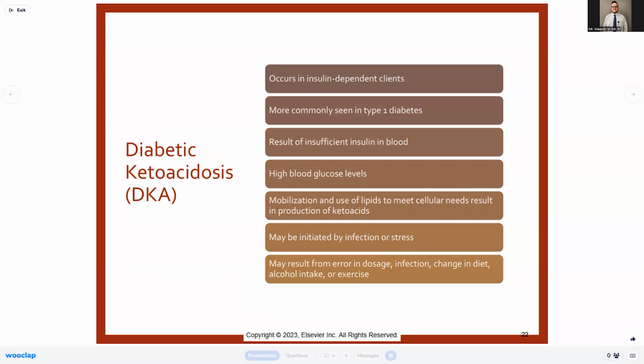But DKA is going to be an acute response. That's going to lead to a metabolic acidosis state because the ketones build up and ketones will basically cause acidosis because the ketone bodies are acidotic.